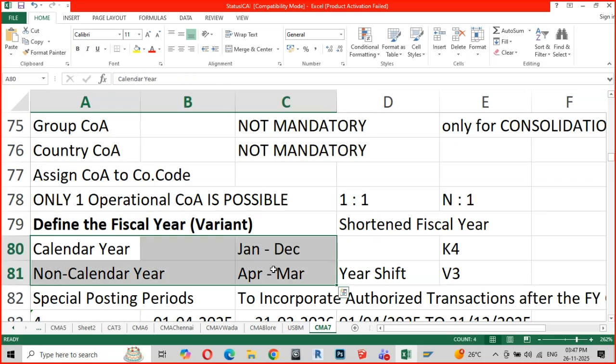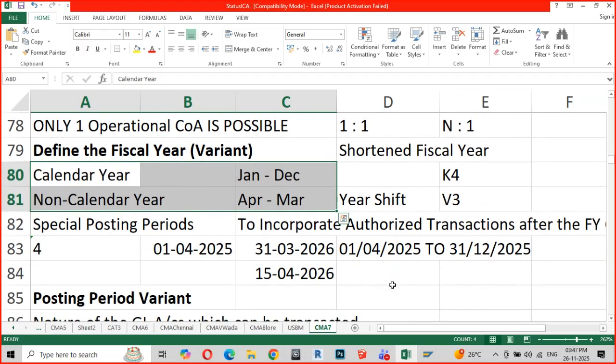Typical examples in your SAP system: January to December is denoted by K4, and your non-calendar year, of which our Indian businesses are a wonderful example, is indicated by V3. It is not really necessary for us to create the fiscal year variant. We can always pick up from the already existing standard fiscal year variants.